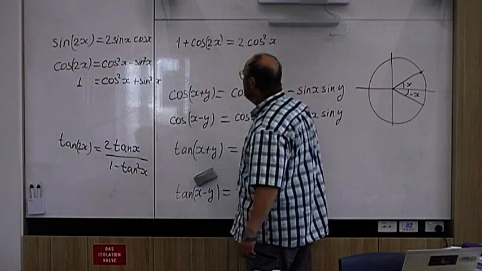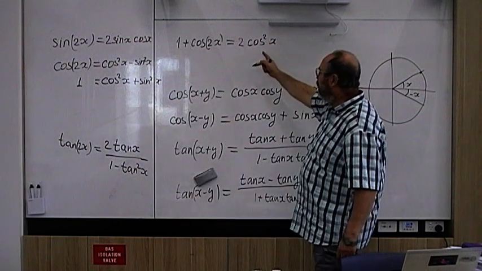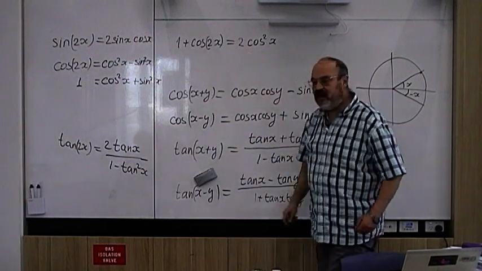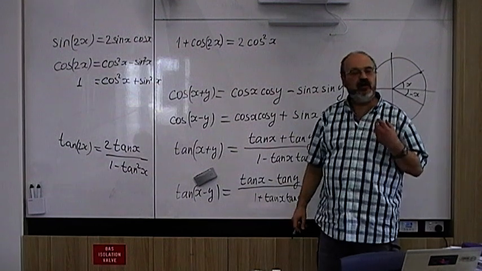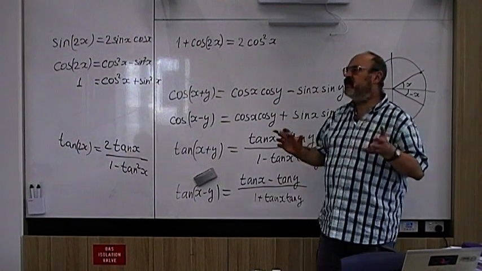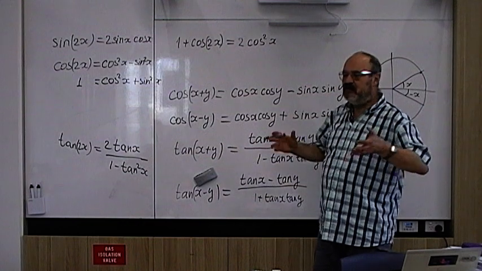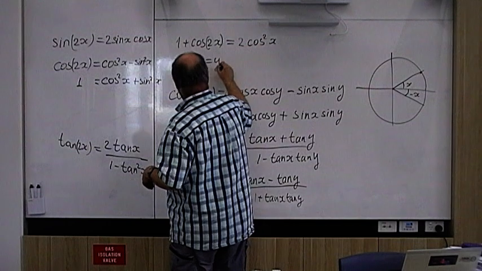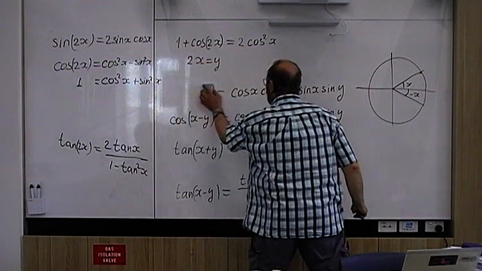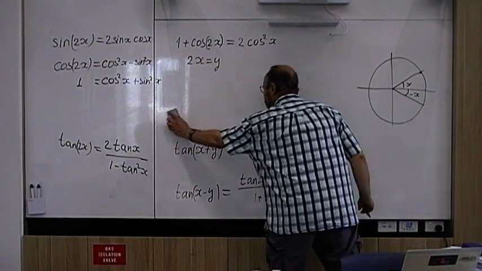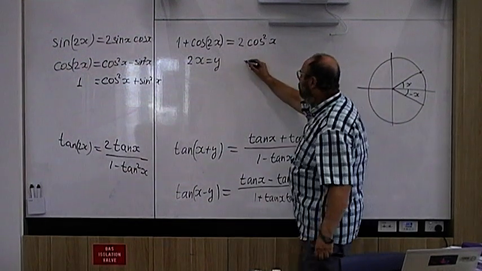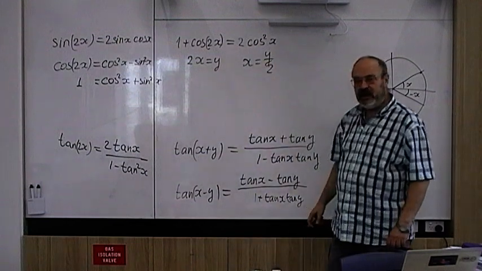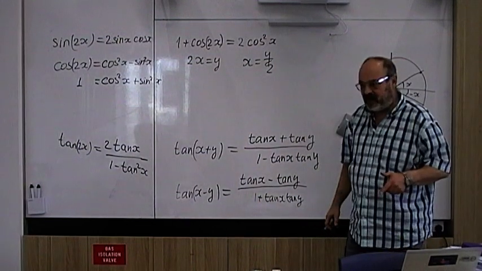So from here, let's say 2x equals y. What will x equal then? Then x equals y on 2. And so we can get from here the formula for the half angle.